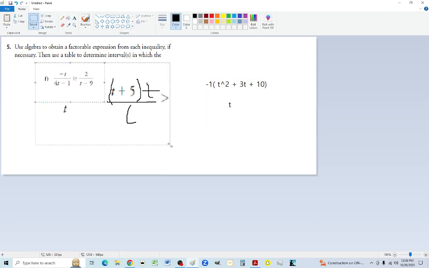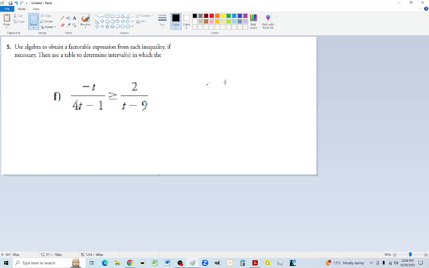And then the last one, and I have to pause after this, subtract this from both sides. It's bigger than 0 now. Cross multiply.